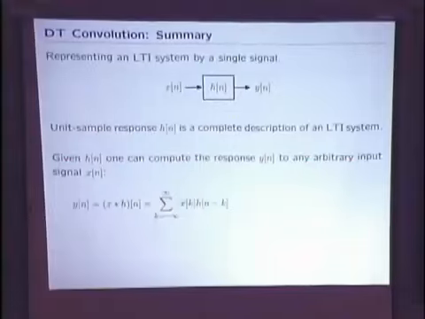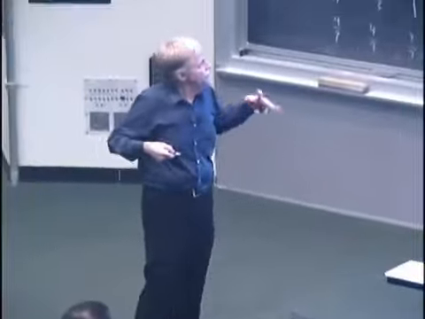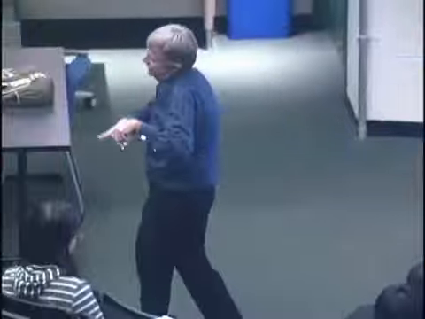And so the big picture was, convolution is a different way to represent a signal, a system. Using convolution, we represent an entire system by a single signal. That signal, the unit sample response, is sufficient to characterize the output of the system for any possible input.